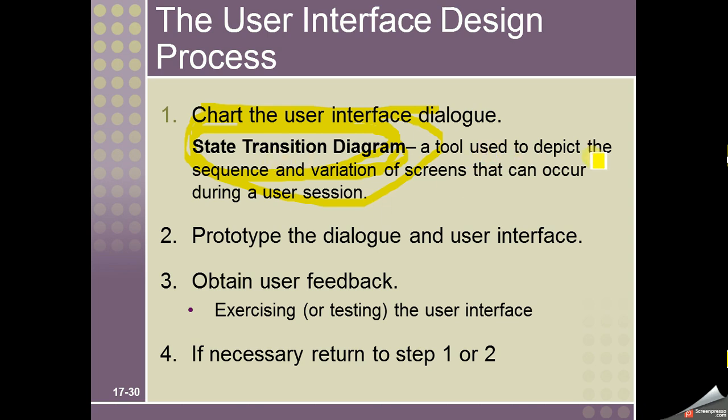A state transition diagram is a tool used to depict the sequence and variation of screens that can occur during a user session. As the name implies, state transition shows how the system changes from one state to another, or whenever a user selects a particular item in the system, what he or she will see in the next step, and in the next, and so on.